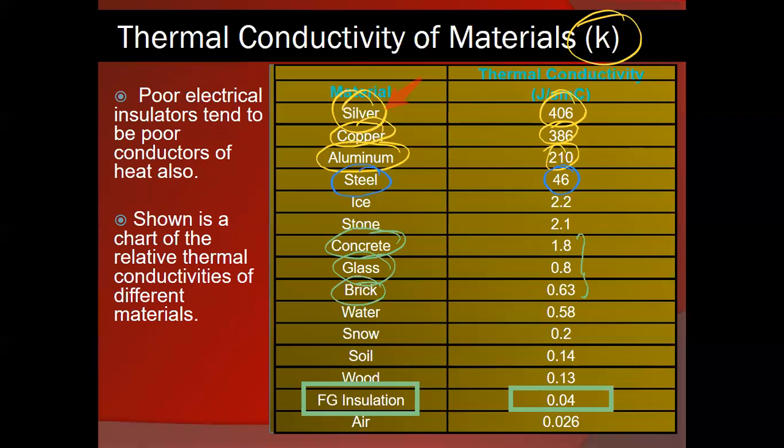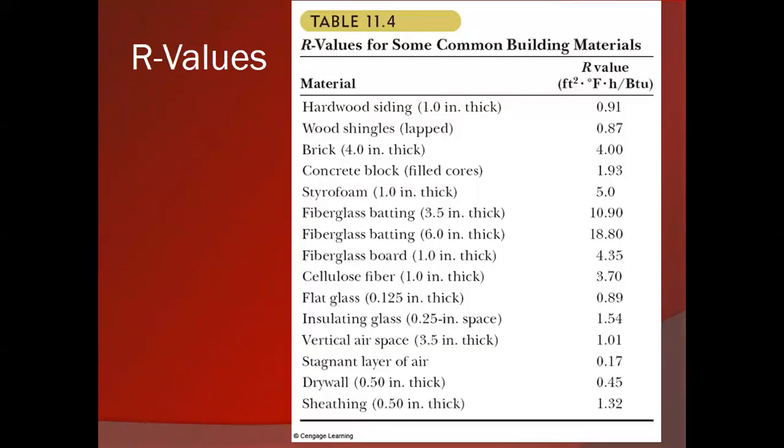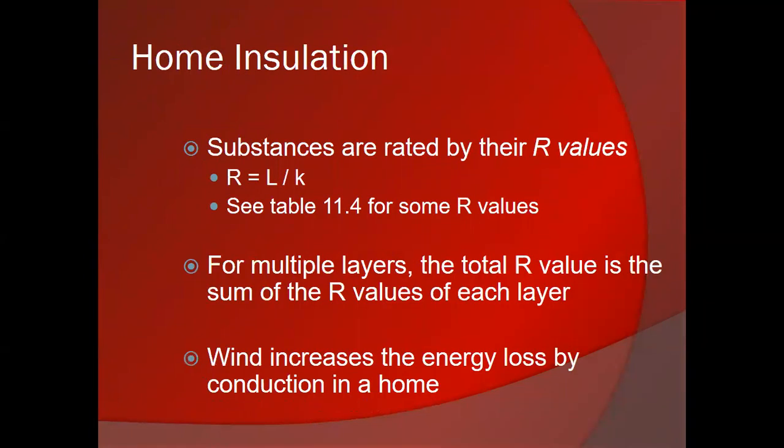So in a well-insulated home, you will lose very little heat to the outside during the wintertime, and you will gain very little heat from the outside during the summertime when you have the air conditioning on.